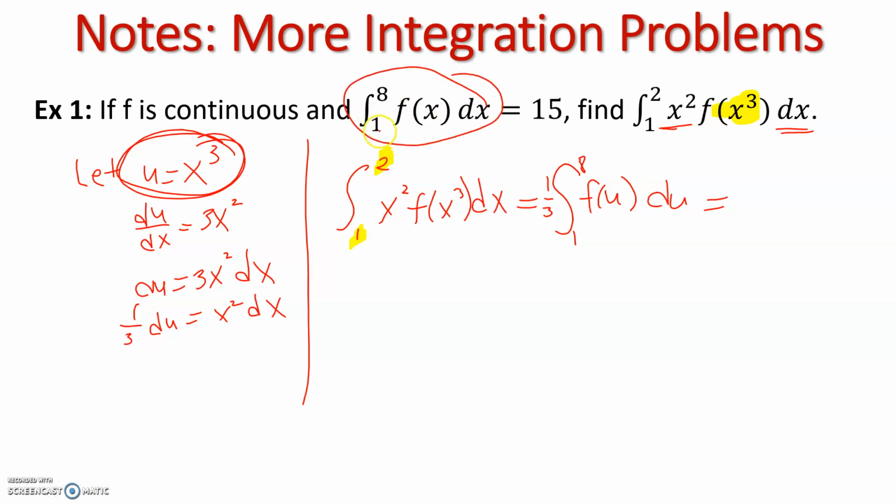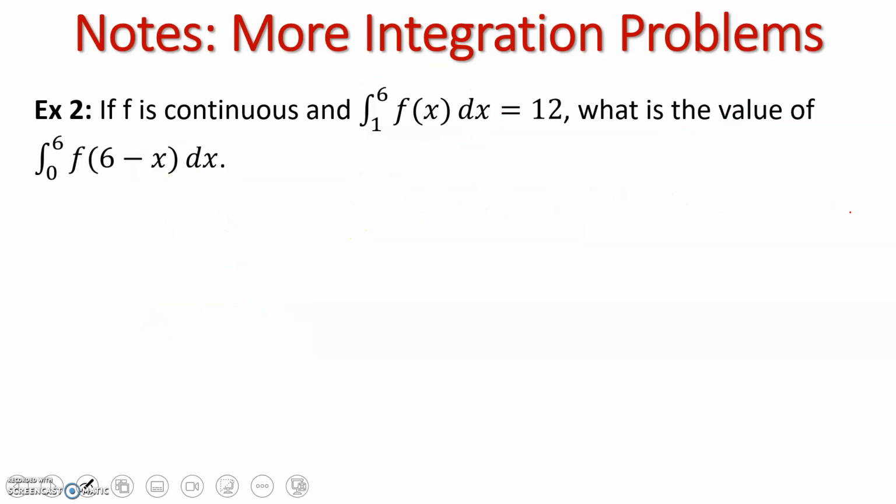The integral from 1 to 8 of f of x dx is 15. This variable here, u versus x, has no relevance on the value. So we know this is going to be 1/3 of 15, or 5. And we're done.